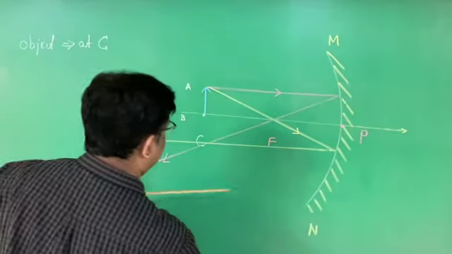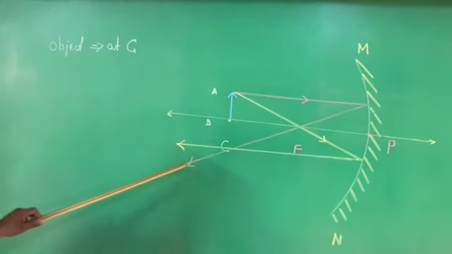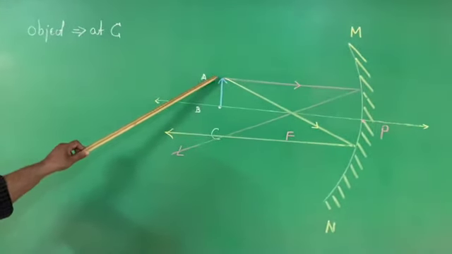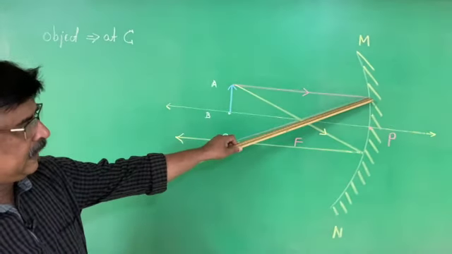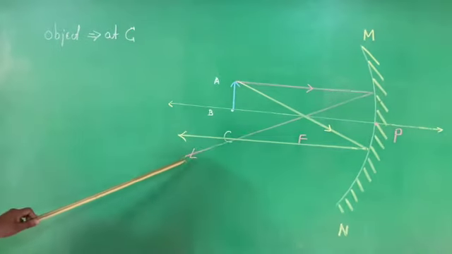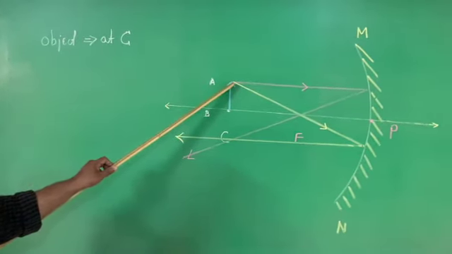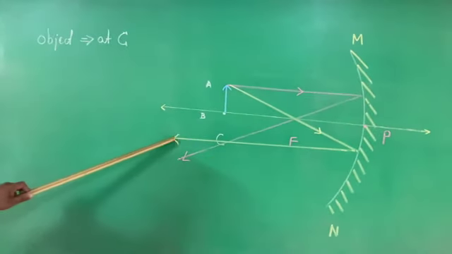Now I get the intersection of 2 reflected rays. This is the reflected ray and this is the reflected ray. One reflected ray is the ray of light parallel to the principal axis passing through the principal focus. Another one is the ray of light which passes through the principal focus and emerges out parallel to the principal axis.